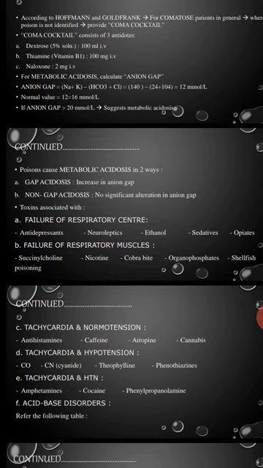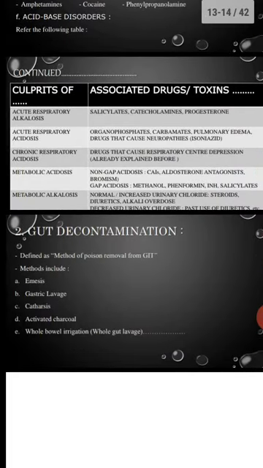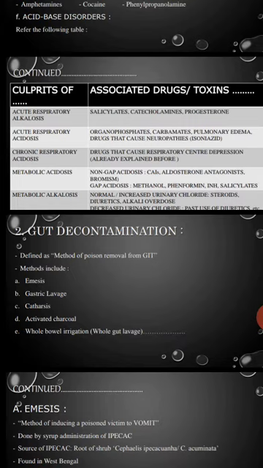Next, some drugs cause some expected toxicities, you have to list them out: which drugs cause respiratory failure, respiratory paralysis, tachycardia, like this. Later on, second step, you can immediately do gut decontamination.